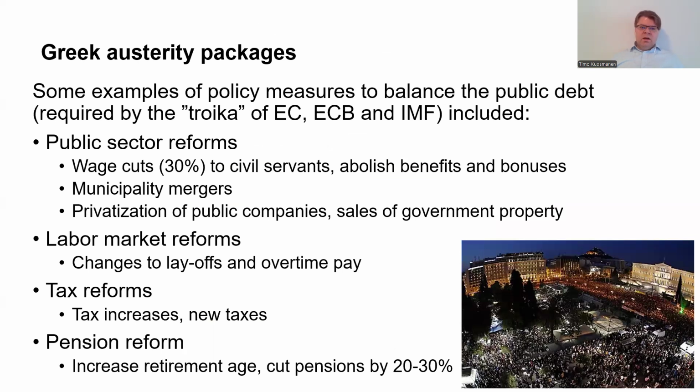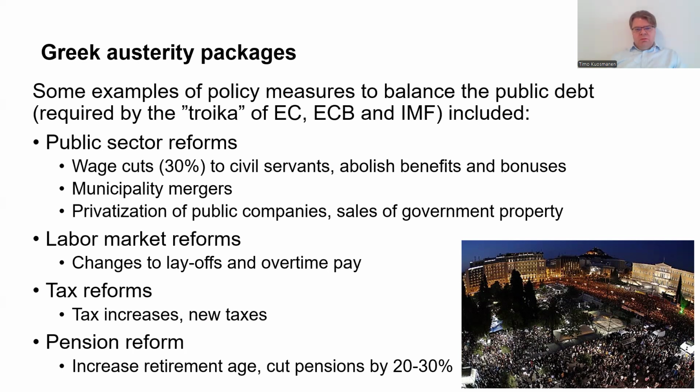if Greece had its own currency rather than being part of the monetary union, then instead of these austerity packages, the currency exchange rate of the drachma could have taken care of many of these adjustments. So instead of adjusting the government budget and making wage cuts, the depreciation of the drachma would have taken care of a lot of these issues.